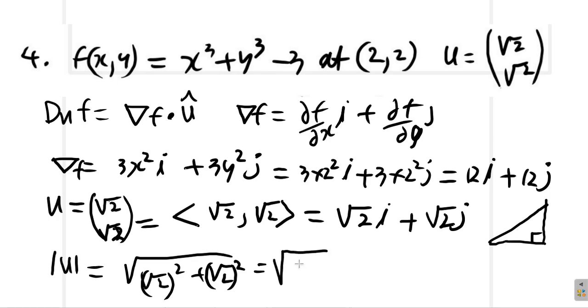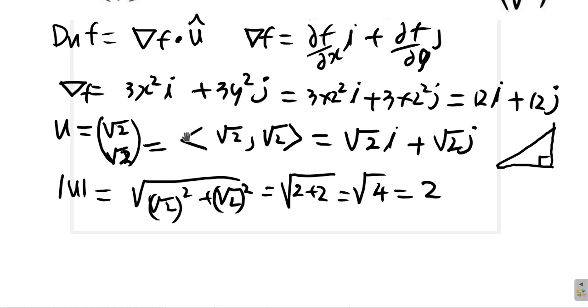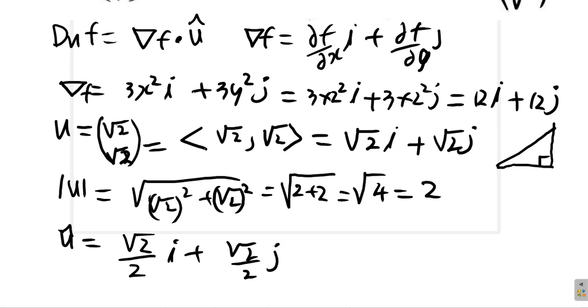The square root of 2 squared is 2 plus square root of 2 squared is 2. 2 plus 2 is 4, so the magnitude is 2. So the unit vector is going to be the square root of 2 over 2 i plus square root of 2 over 2 j. That's the unit vector.